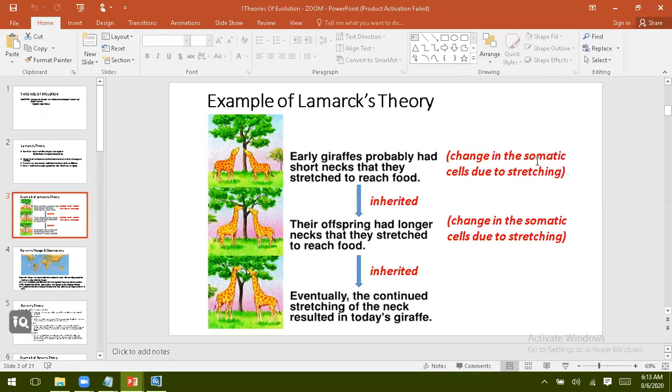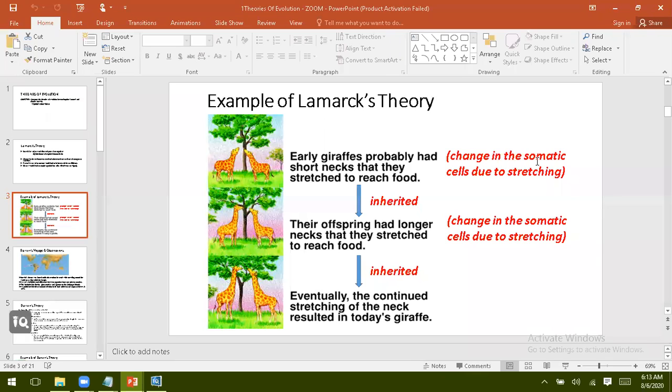Anyway, he used the giraffe as an example. So he said that as giraffes reached out to get food from the higher branches, their necks were stretched, and as they continuously stretched their necks, they began to have longer necks. And then therefore this characteristic was passed on to their offspring, and then their offspring with already longer necks stretched them further to get food from higher branches, and eventually had even longer necks.